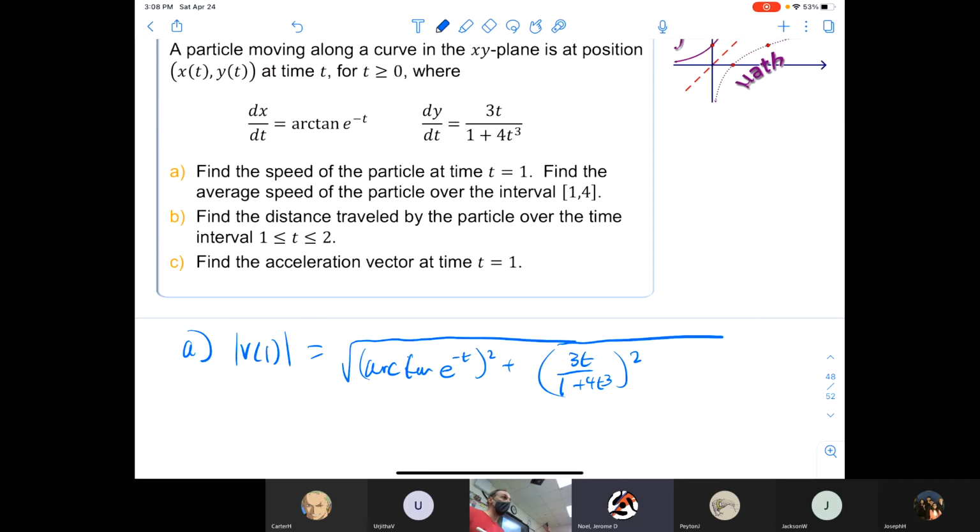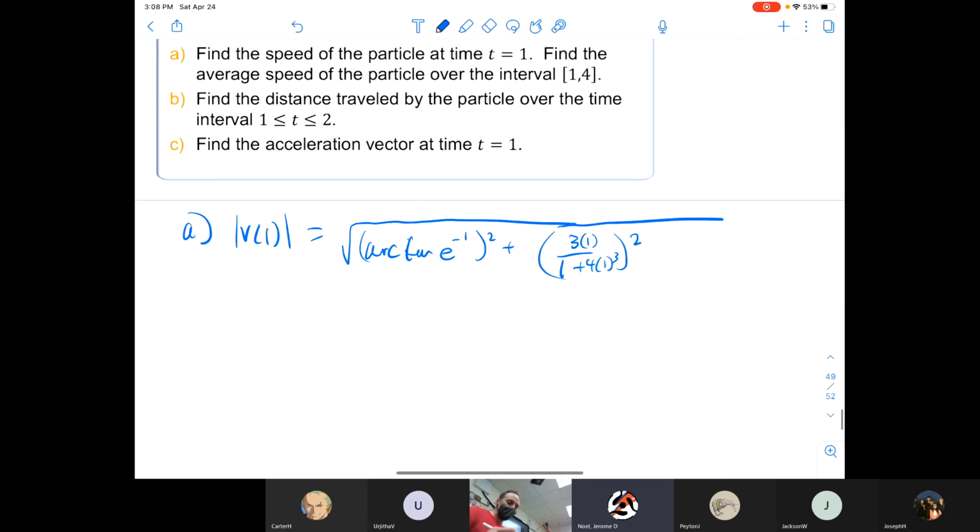Now, can you do that in the calculator with these two things plugged in for x1 and y1? Yes, you can. No derivatives there, because we already have it. So we got a 1 there. Correct, that's right.